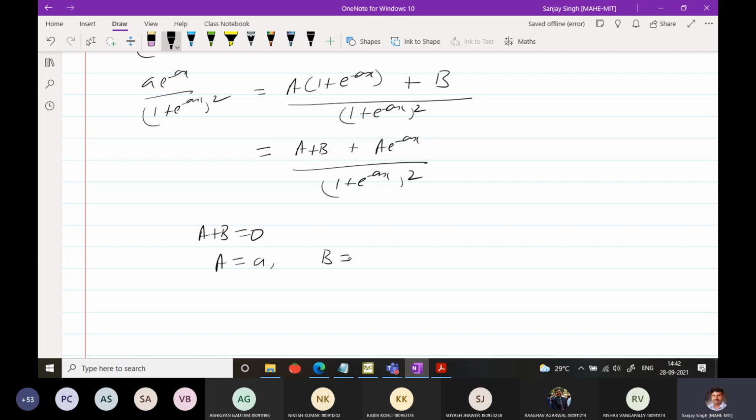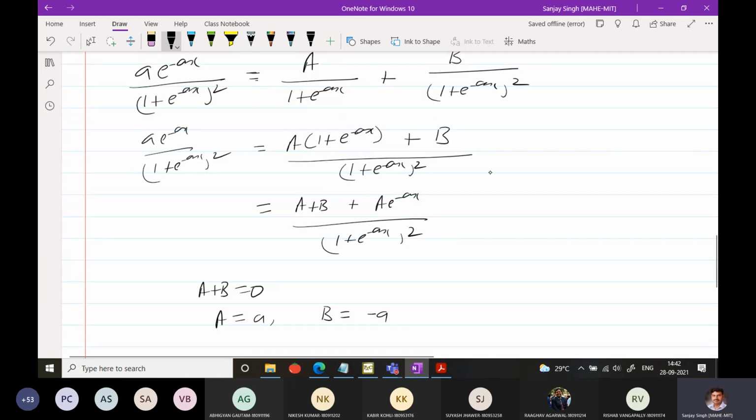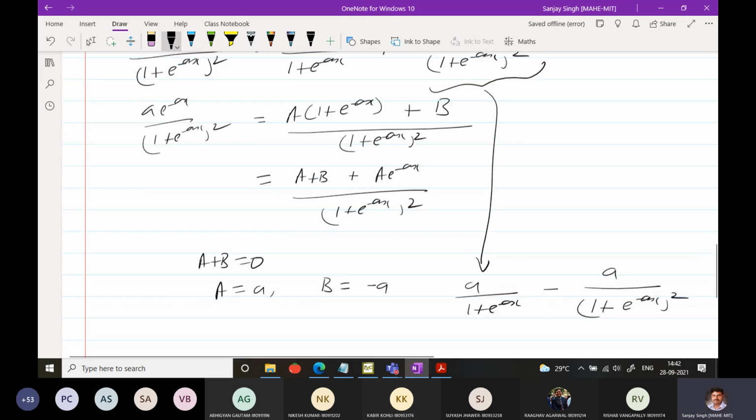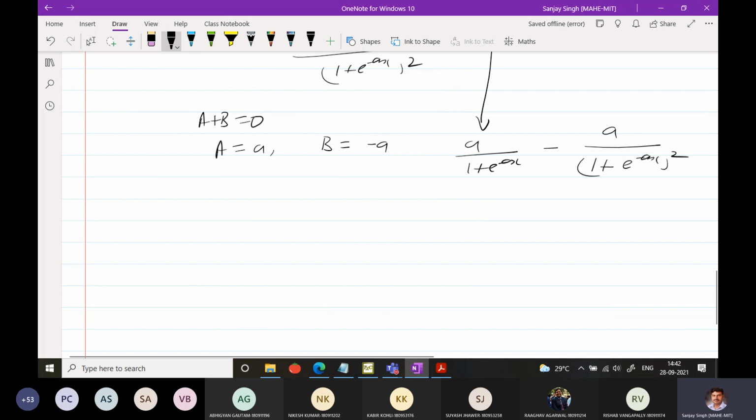Now I'll substitute in this one. So when I substitute here, this becomes a over 1 plus e to the minus ax, minus a over (1 plus e to the minus ax) whole square. Now let's see what happens. They will say, what a big deal, man. So let's see what's a big deal.